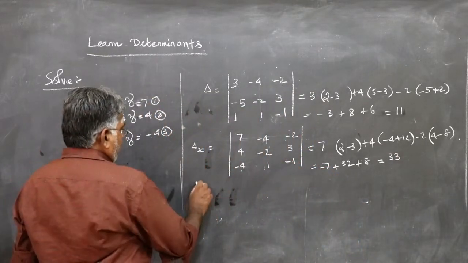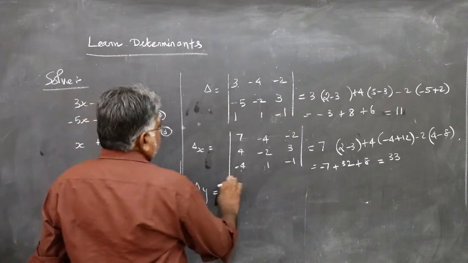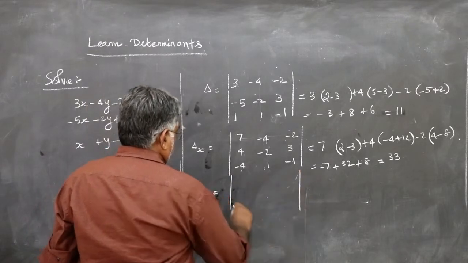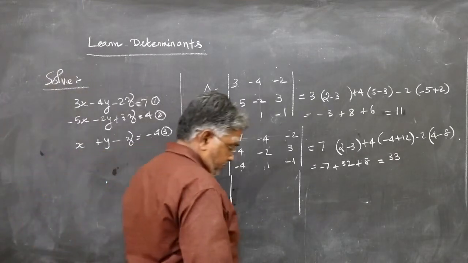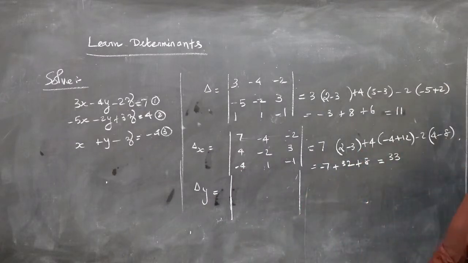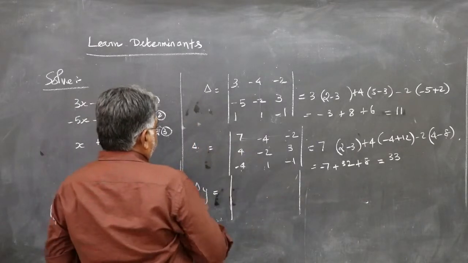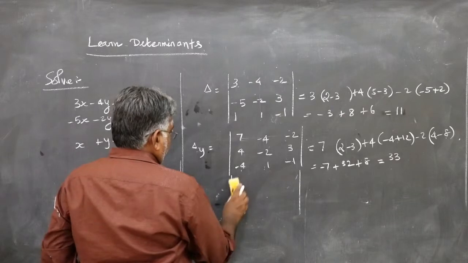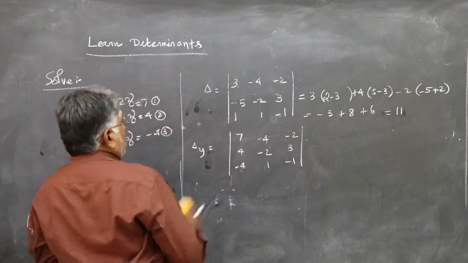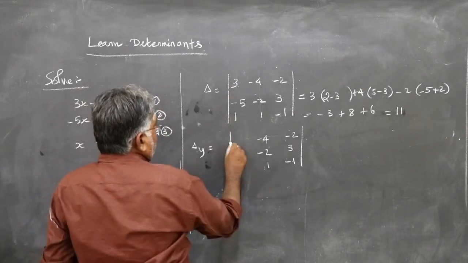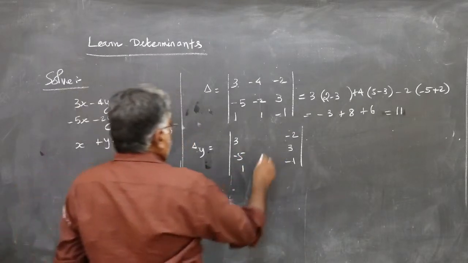Then we will find delta y. This will be same as 3, minus 5, 1, only this column will change, 7, 4, minus 4.